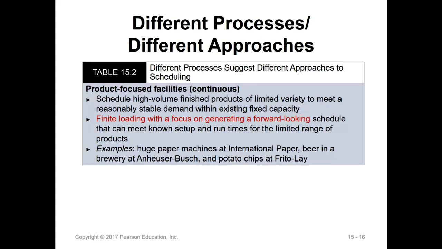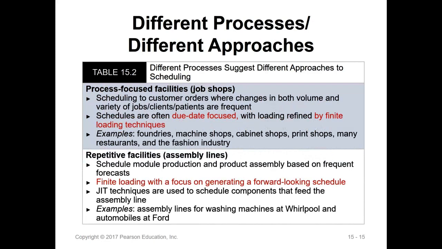For customization, we didn't really use any scheduling in this chapter. But for the rest of the three processes, they pretty much gave you the idea how to consider scheduling.